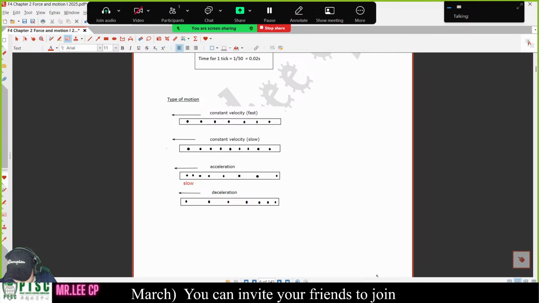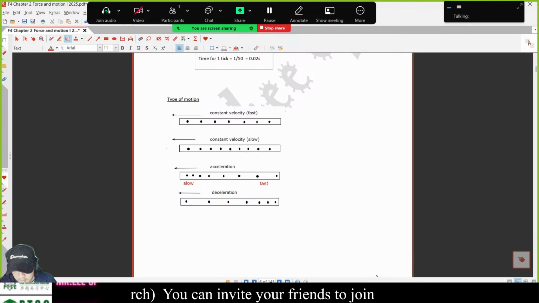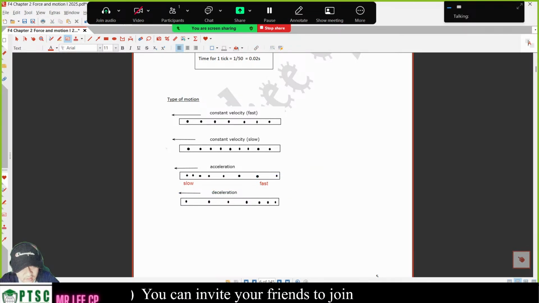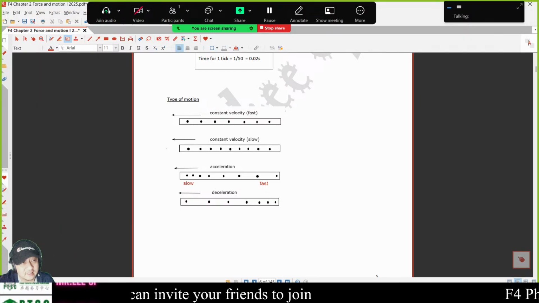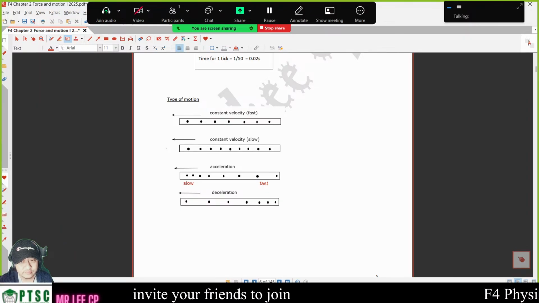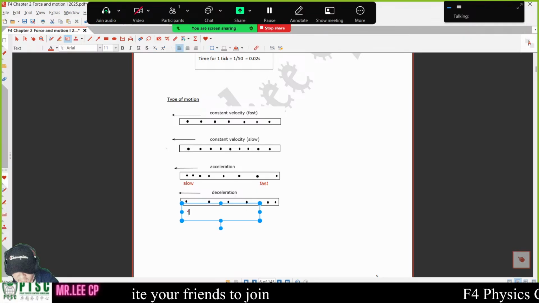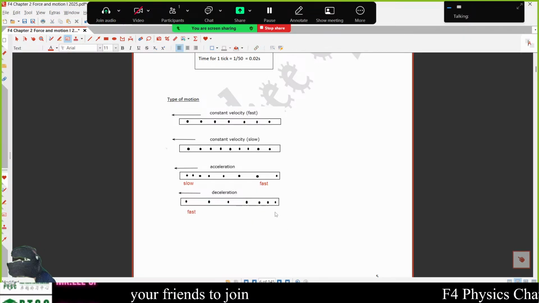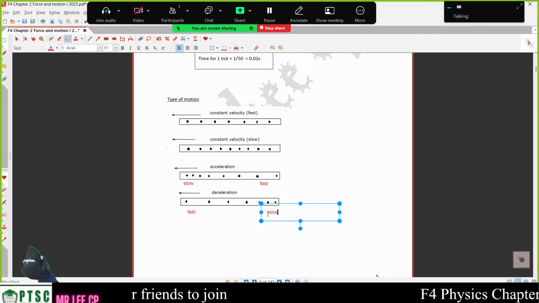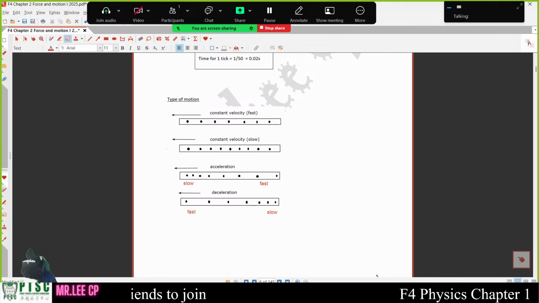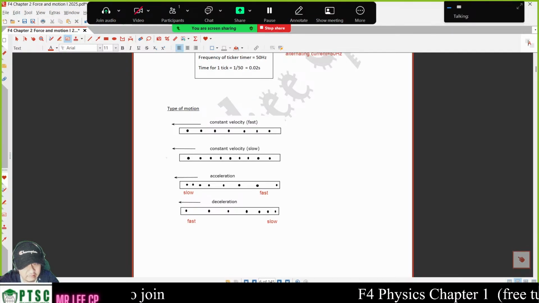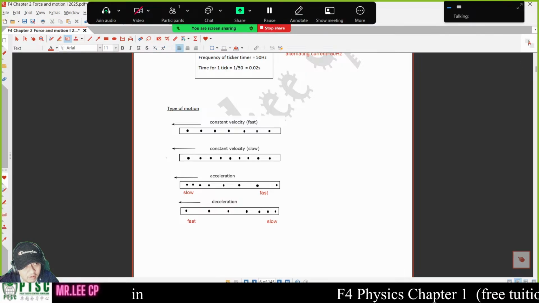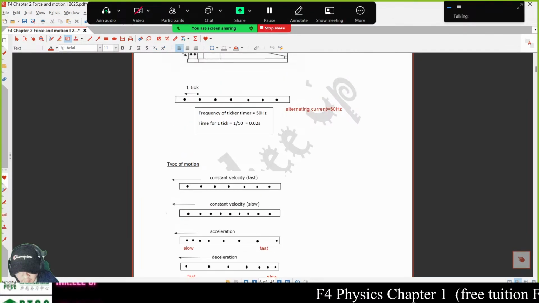Here it is fast. So from slow getting faster, this is called acceleration. Here it is fast, and here it is slow, meaning from fast to slow. So this one is called deceleration. Okay? So the type of motion you have to know.